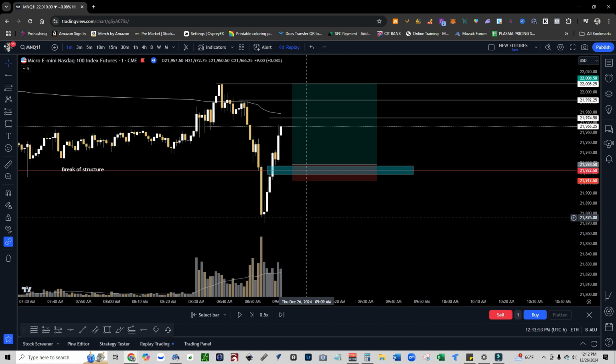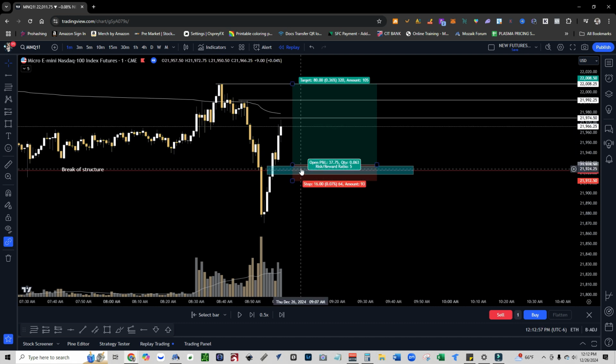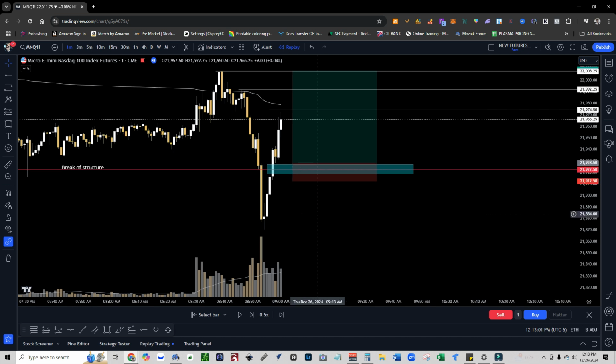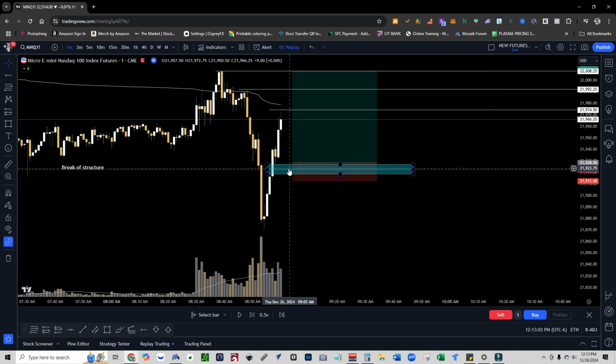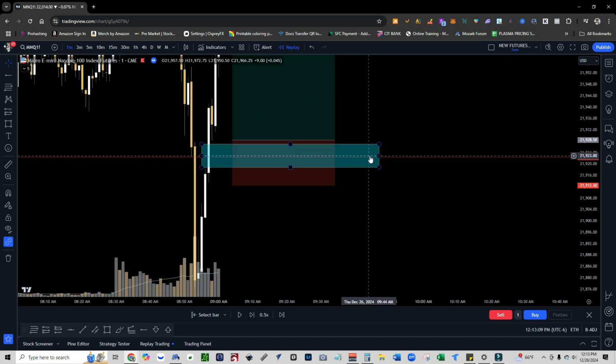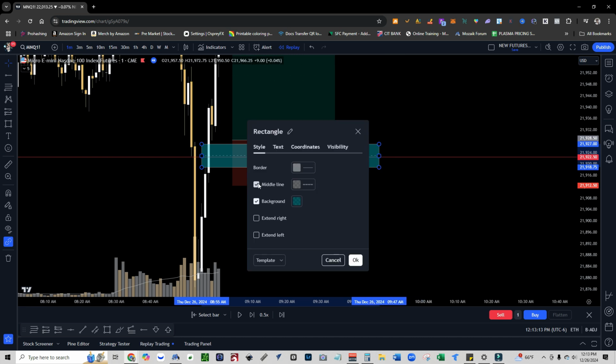And so now what are we doing? We're going to wait to see if this will come back in and fill us in this fair value gap, right? And remember, we're looking for a good move at the top range of this rectangle. I'm going to zoom in a little bit more, because you see this line right here in the middle. You can set that up by going to settings and hitting this middle line, right?